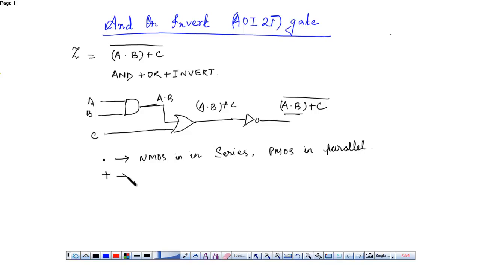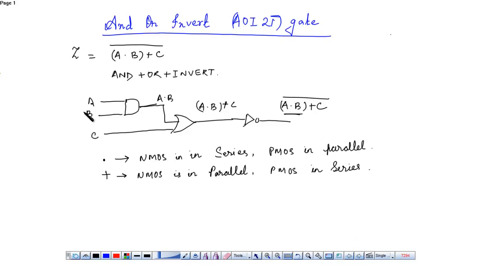When there's a plus operator, we know that the NMOS is in parallel and the PMOS is in series.